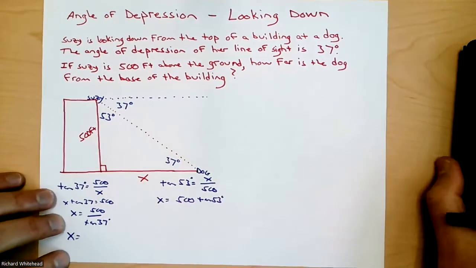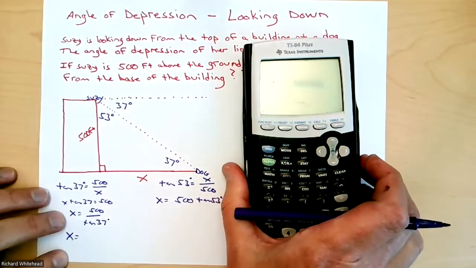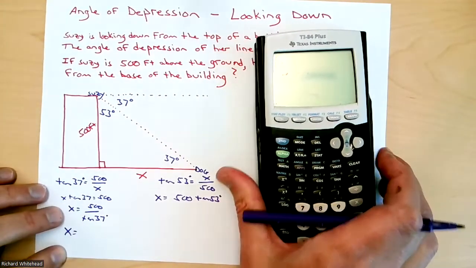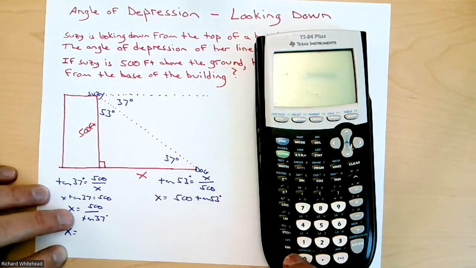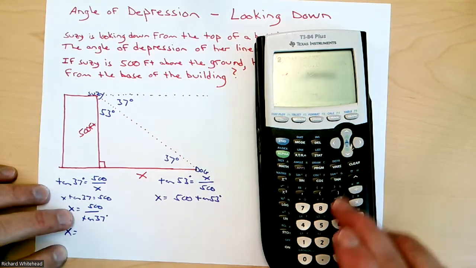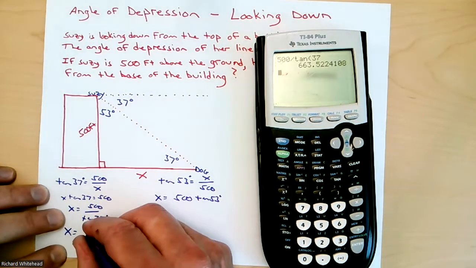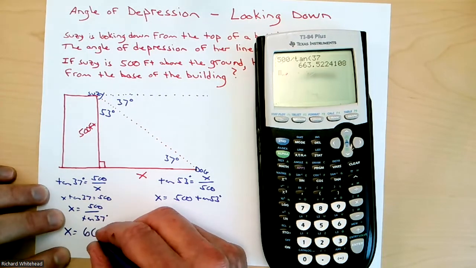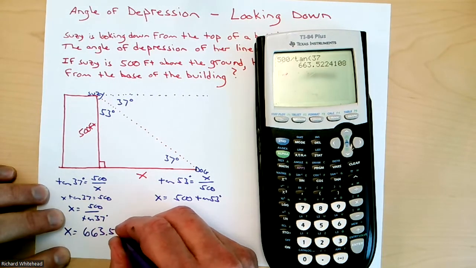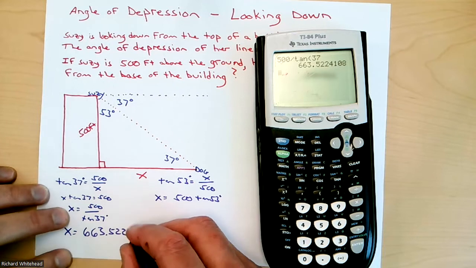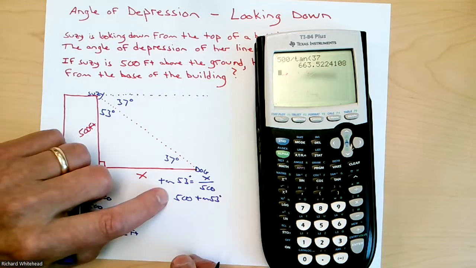And then I know there's some of y'all are just not going to believe this, it just doesn't make sense. How can this be? Let's prove it to ourselves. Let's prove it. 500 divided by tan 37, 663.522 feet.